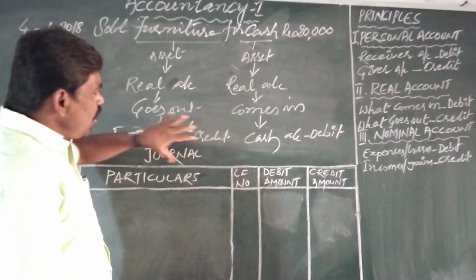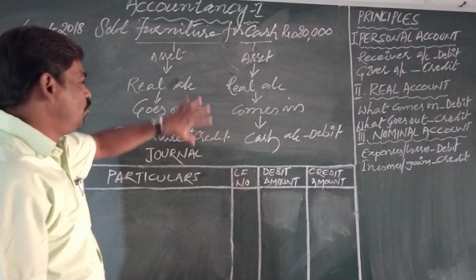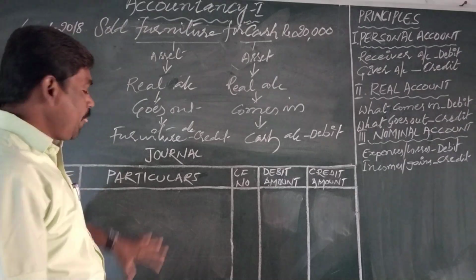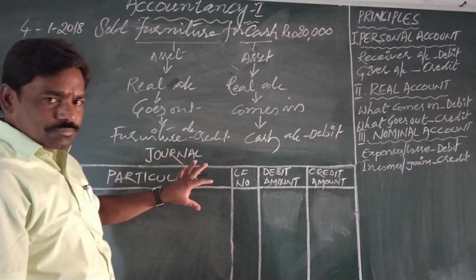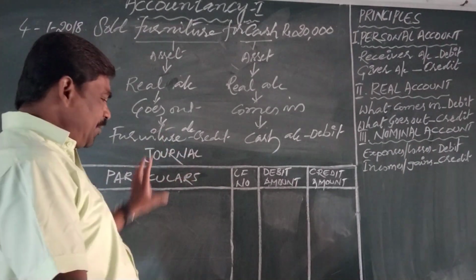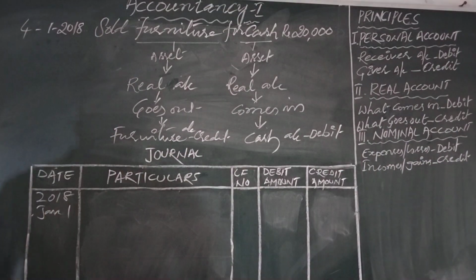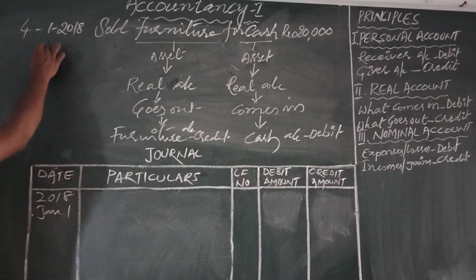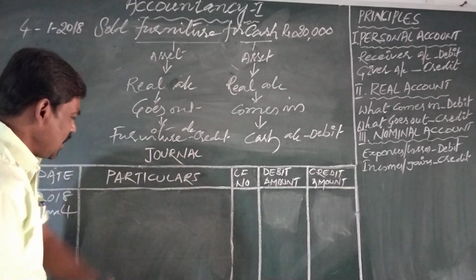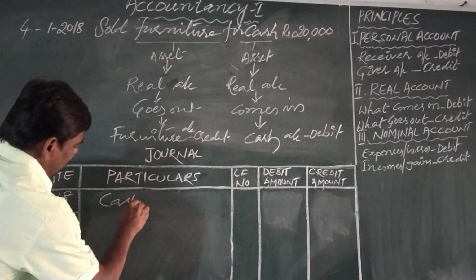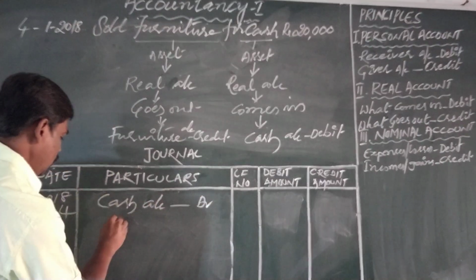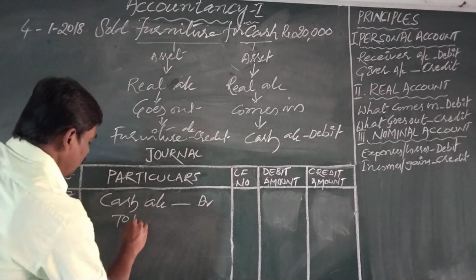So after analyzing all this process in your mind, now you can write the entry in the journal. You have already prepared the journal, I know, or you can prepare the journal proforma. After preparing the journal proforma, write the date here, 2018 January 4. Debit account. What is the debit account here? Cash account debit. Write the cash account debit to furniture account.